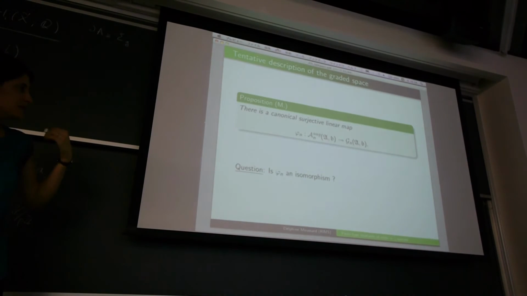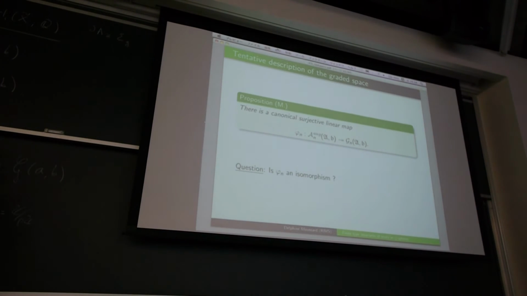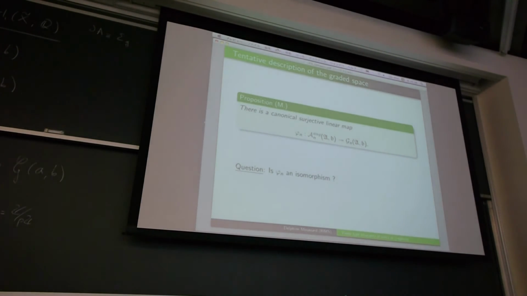So of course there are many things to check. Check that it does not depend on the embedding of the diagram. It does not depend on the chosen pair. It respects all the relations and so on. But well, it works, and we obtain this canonical surjective and linear map from our diagram space to our graded space.